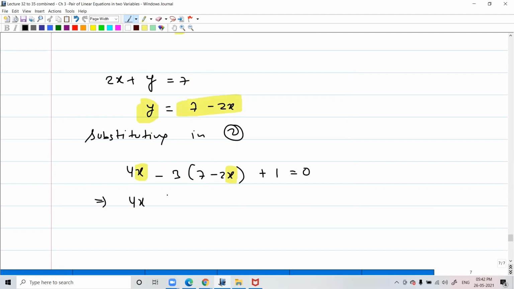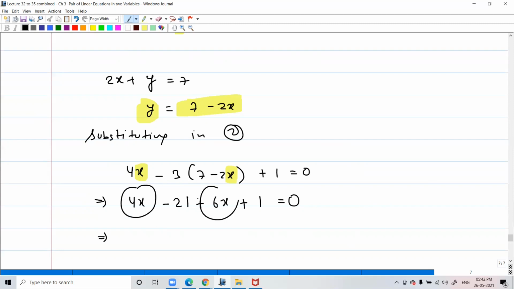So let's say 4x, leave it as it is. Minus 3 into 7 will be minus 21. Everyone understands that? Then minus 3 into minus 2x, it will become plus 6x. Plus 1 is equal to 0. Everyone is okay with this step? Yes, sir. Okay.